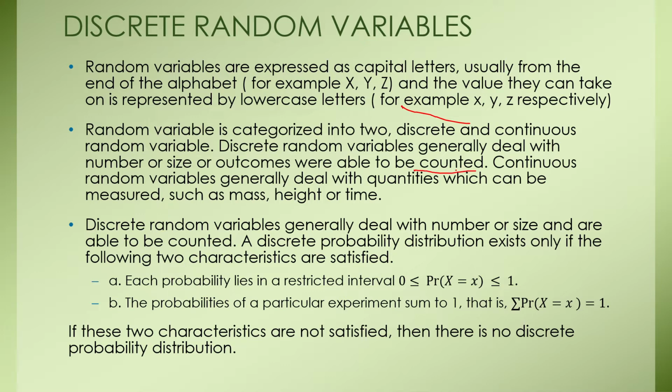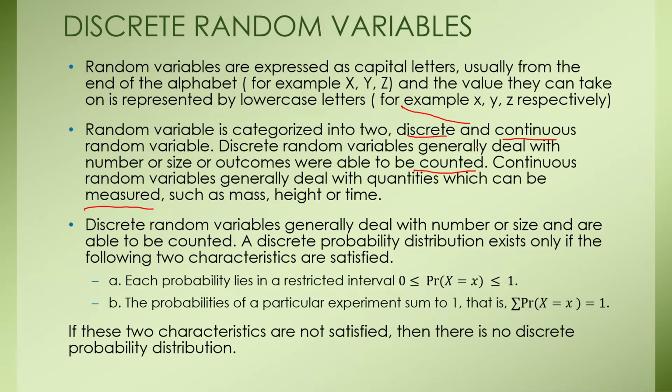And the next one is continuous random variables, which generally deal with quantities which can be measured, such as mass, height, or time. Take note, there are two categories of random variable. The first one is discrete and the second one is continuous.